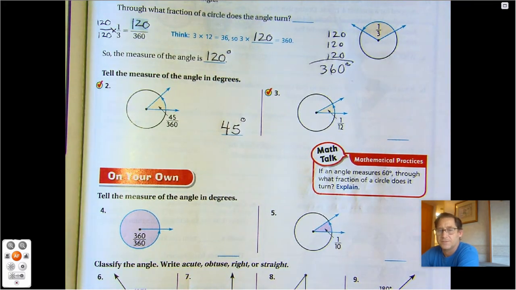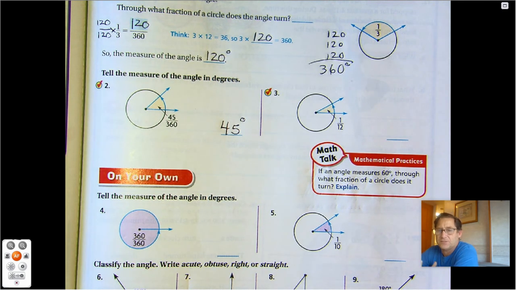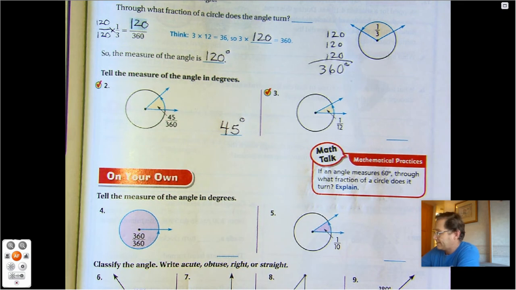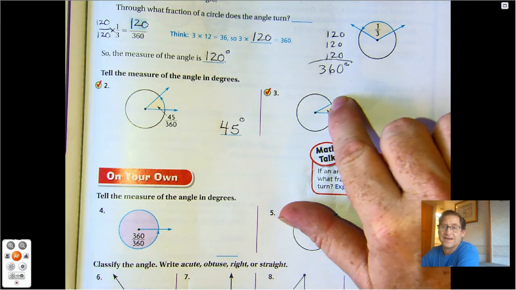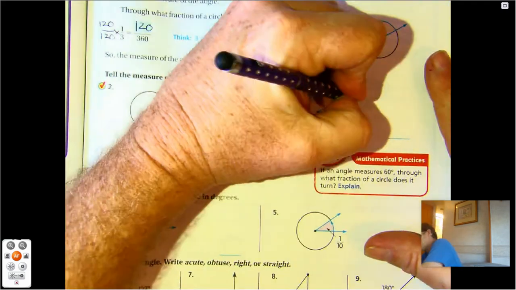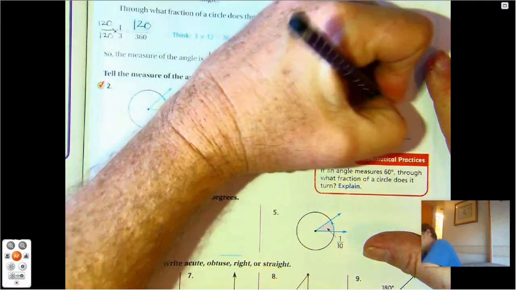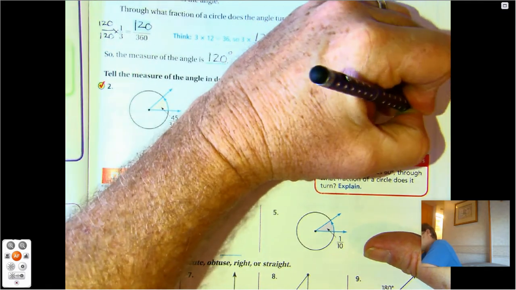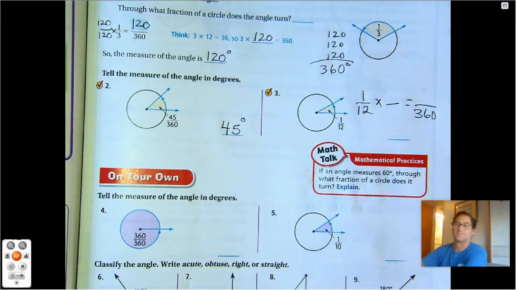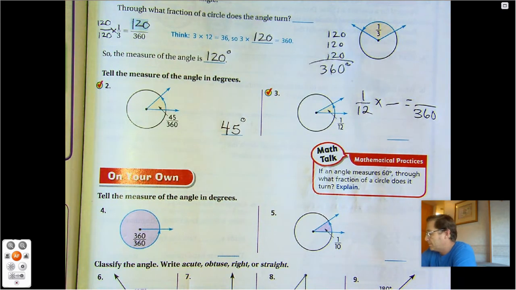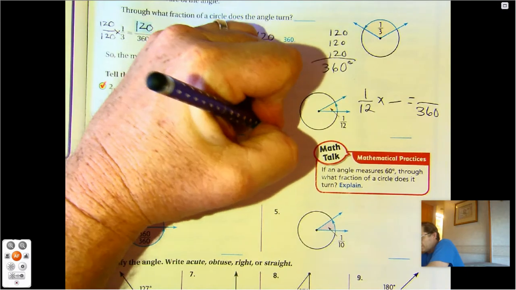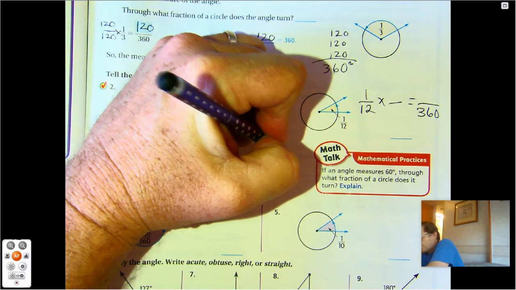Okay, number 3 is a little more of a challenge. 1/12 of a turn. So like 5 minutes on a clock. Every 5 minutes is a 12th turn on the clock. And it's saying it's going this way actually, so it's going counterclockwise, but it's a 1/12. So can we multiply 1/12 by anything to get 360? Well, 12, let's count by 12s. 12, 24, 36.